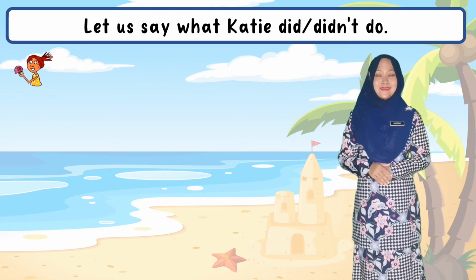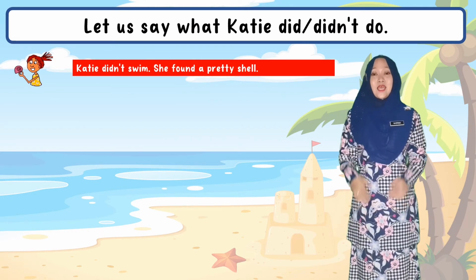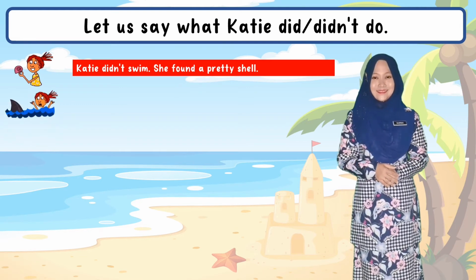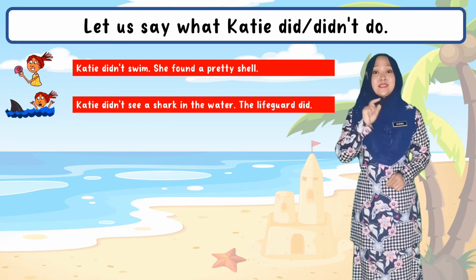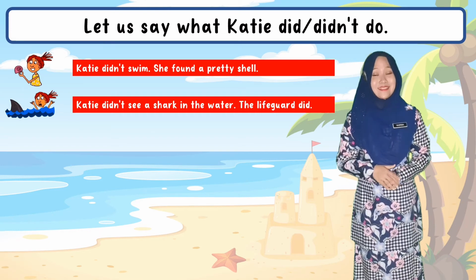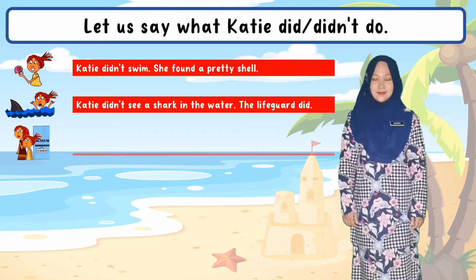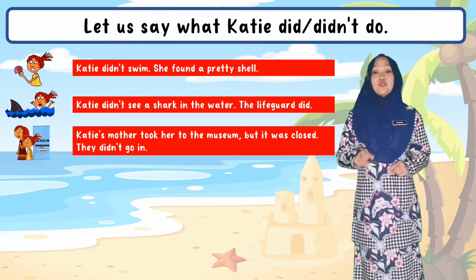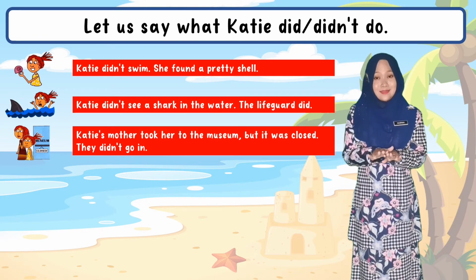Number 1. Katie didn't swim. She found a pretty shell. Number 2. Katie didn't see a shark in the water. The lifeguard did. Number 3. Katie's mother took her to the museum, but it was closed.